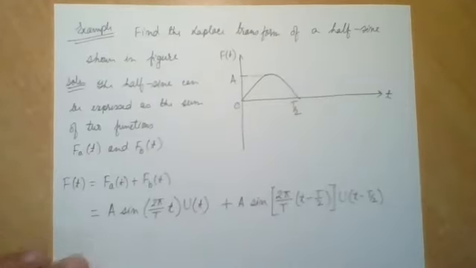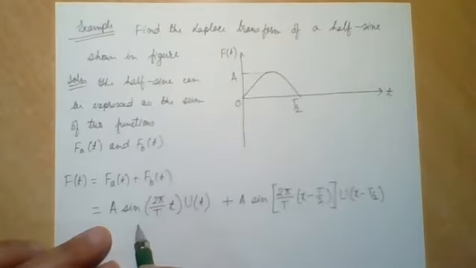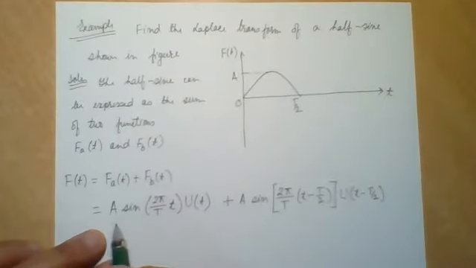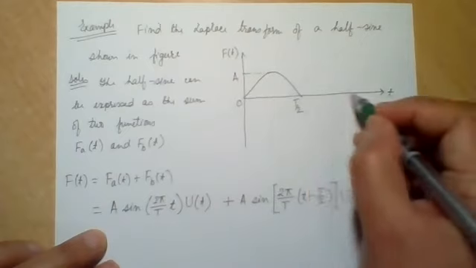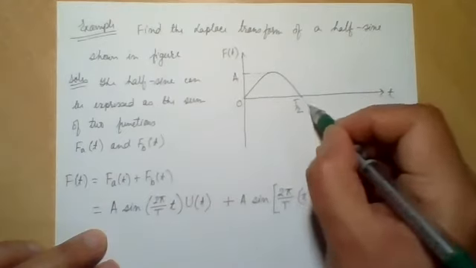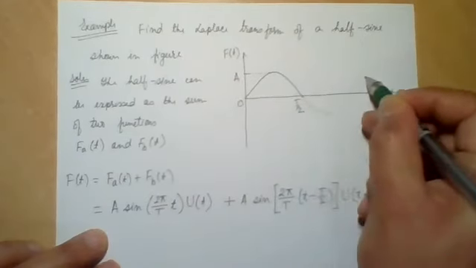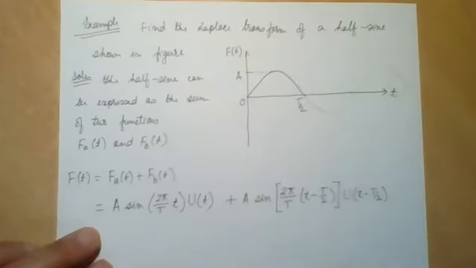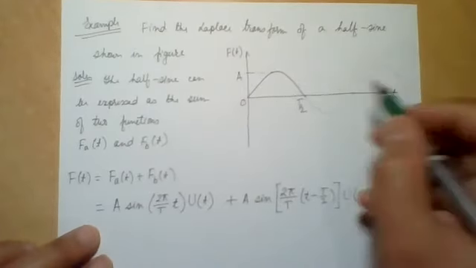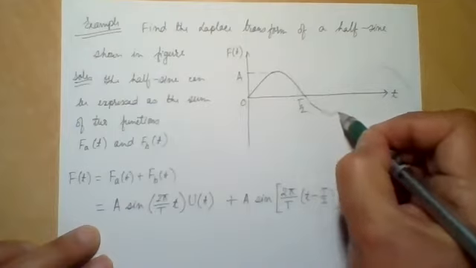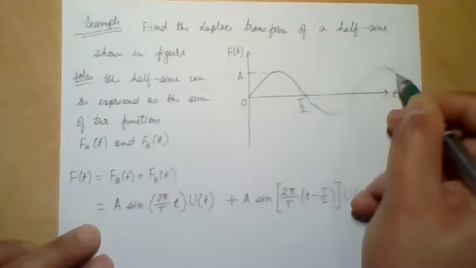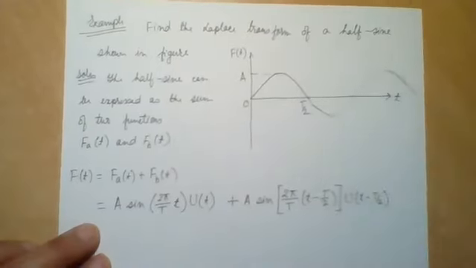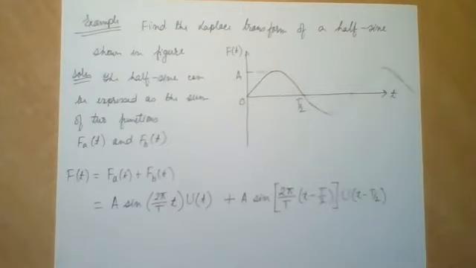Okay. So the first function, if I plot it, it will go something like this. Can you see the green curve? Then let me look for a red or a blue pen.